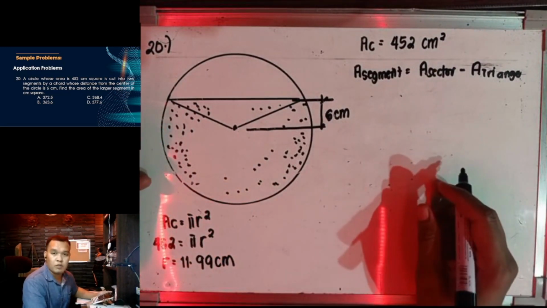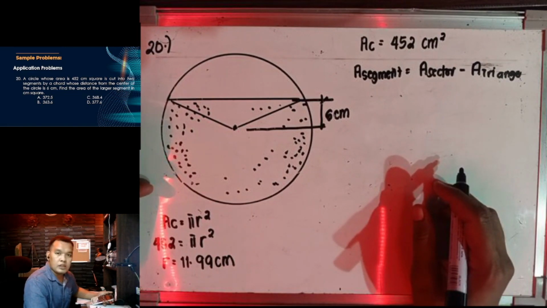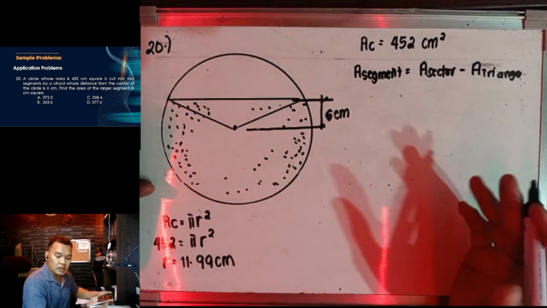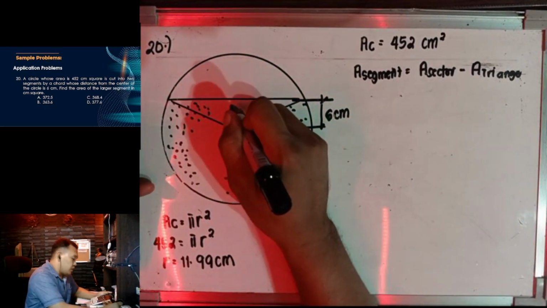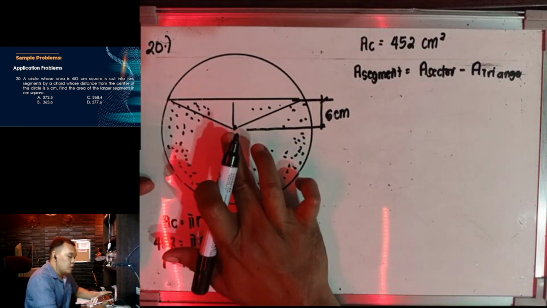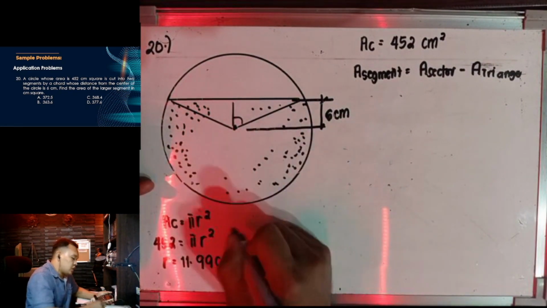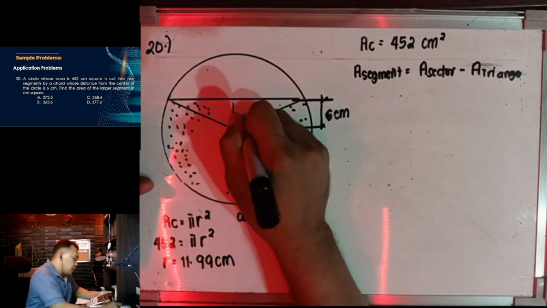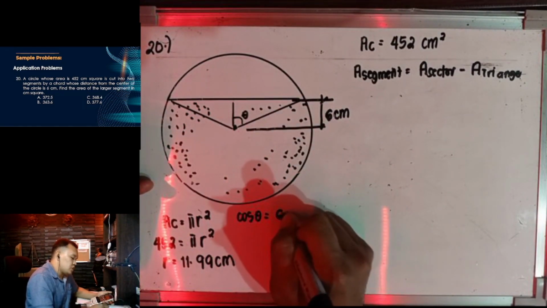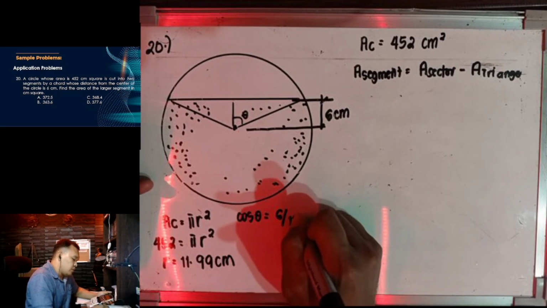So the radius is 11.99 centimeters. Similar to what we did before, we have 6 centimeters here. To get the angle here, we use cosine. Cosine theta is adjacent, which is 6, over the hypotenuse, 11.99.